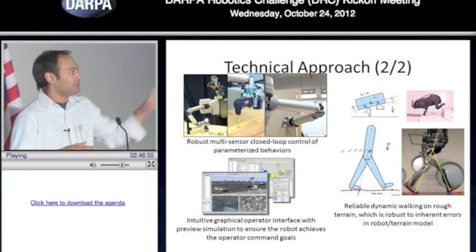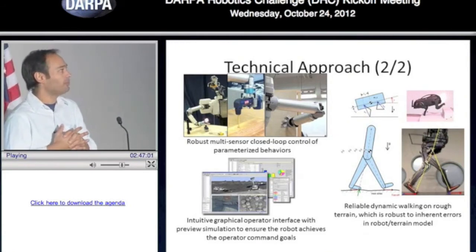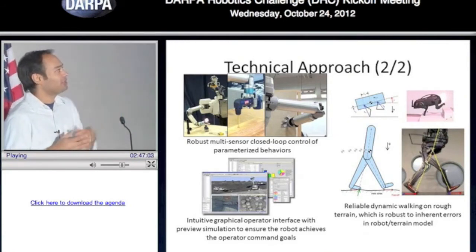Our approach to walking is based on Katie's previous work on the L2 Learning Locomotion program, which focused on the Little Dog platform, and we're extending some of that work now into doing dynamic bipedal locomotion.